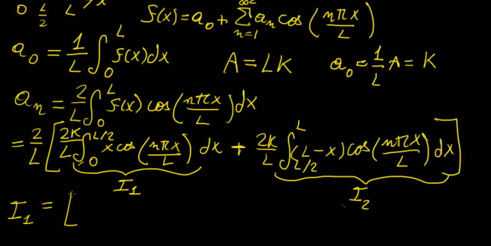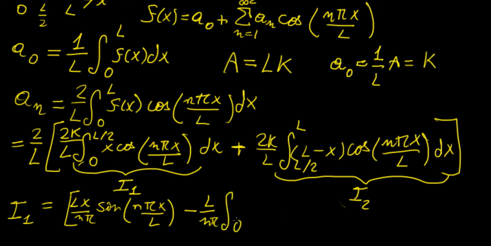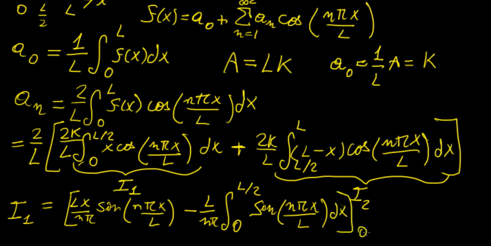So this is going to be equal to Lx over n pi sine n pi x over L, minus L over n pi, the integral from 0 to L over 2 of sine n pi x over L dx, and this is going to be evaluated from 0 to L on 2.